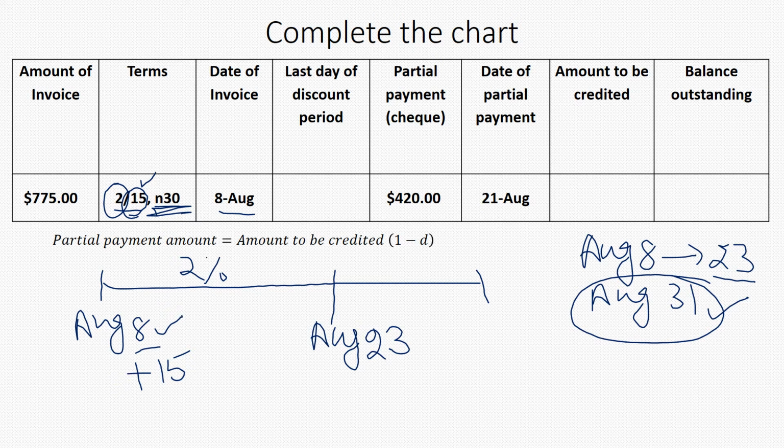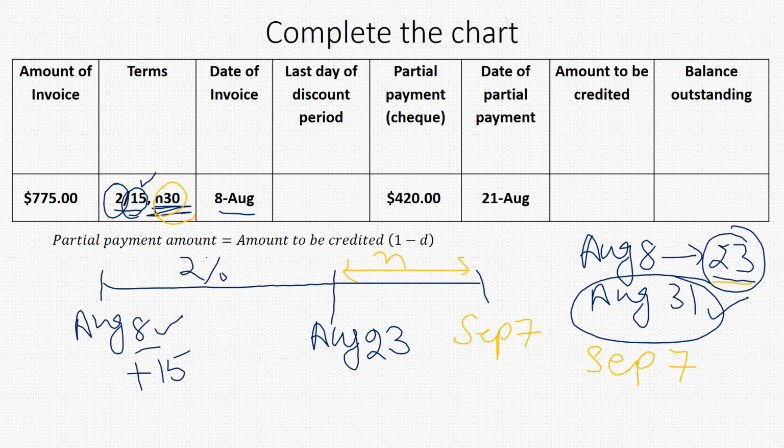We still have 7 more days because it says 30 days. So 23 plus 7 is 30. Now 7 more days of the next month. Next month is September, so it is September 7. So the last date of net amount is September 7, and this period is eligible for the net amount, right?